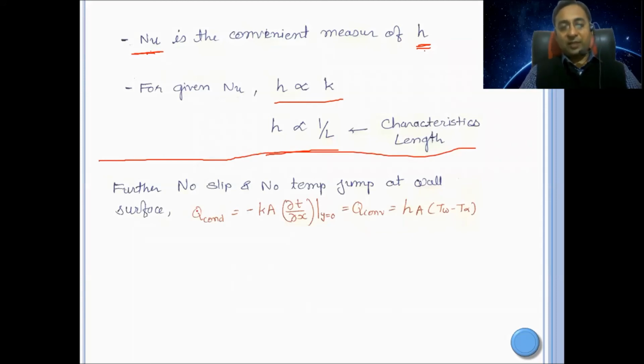But there is one more definition of the Nusselt number. Now, if we consider the no slip and no temperature jump condition for the very first layer, we have discussed this thing.